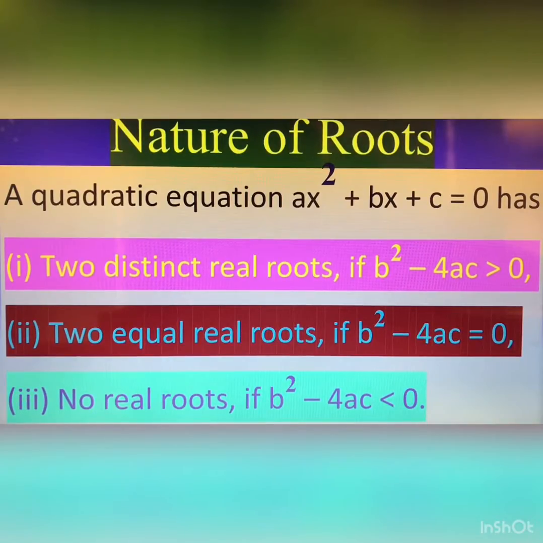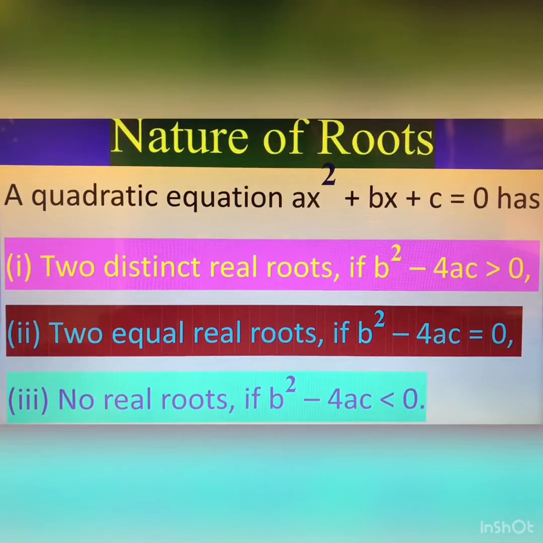After that, if b square minus 4ac equal to 0, then the quadratic equation has two real and equal roots. When the value of b square minus 4ac equal to 0, you will get the solutions of the quadratic equation as two equal real roots.